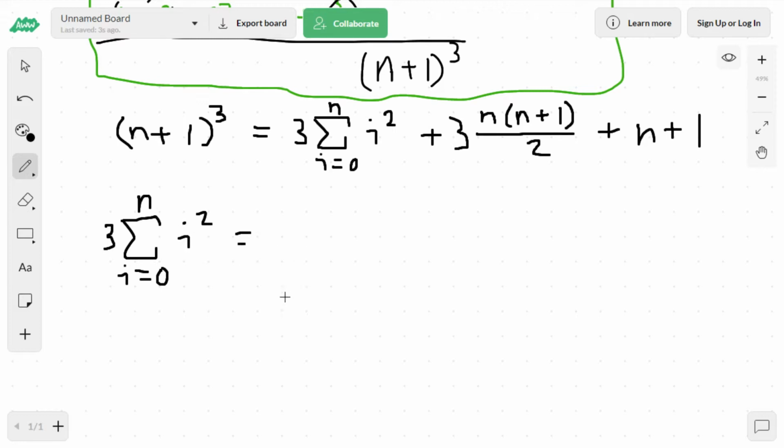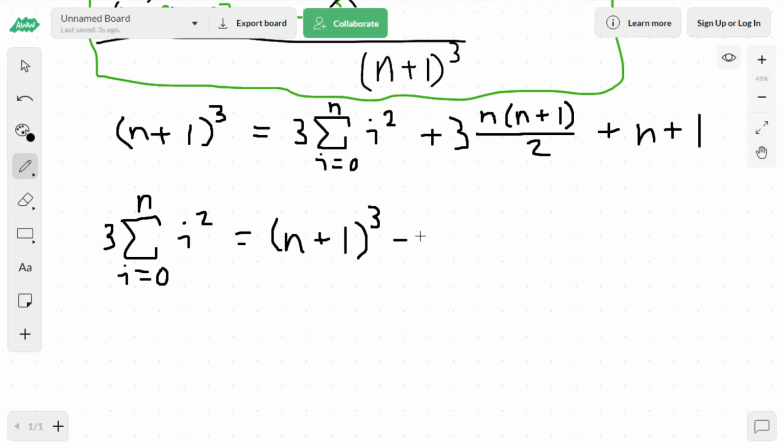And then, basically, what I'm going to do is I want to get all this stuff on the other side, and then we're just going to flip sides, essentially, right? So what we would have to do is subtract this from both sides and subtract this from both sides. So on what's now going to be the right side, we're going to have n plus 1 cubed minus this.